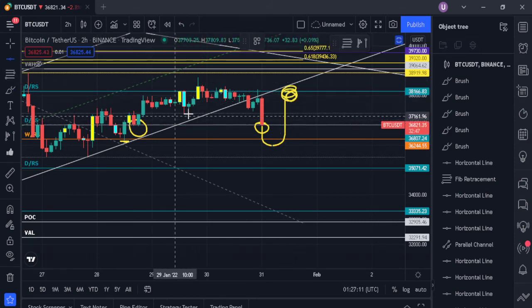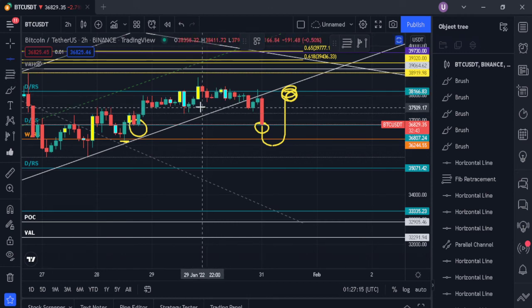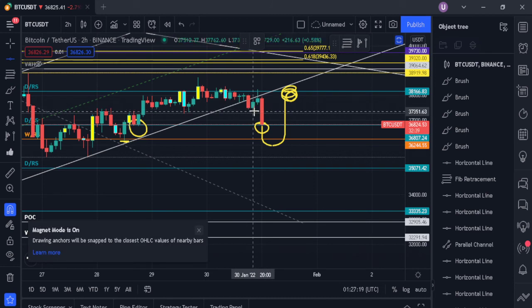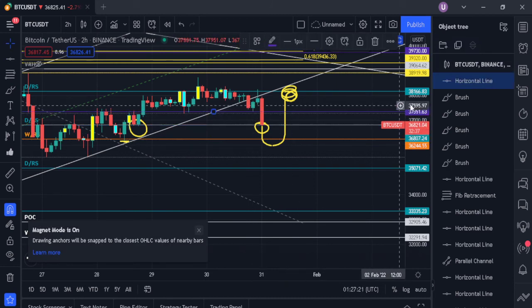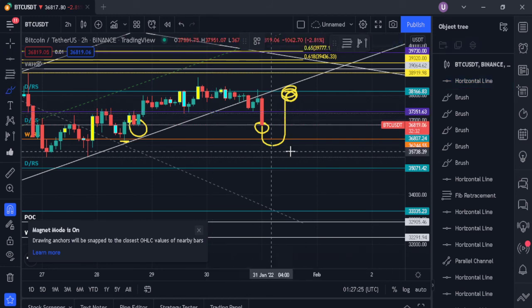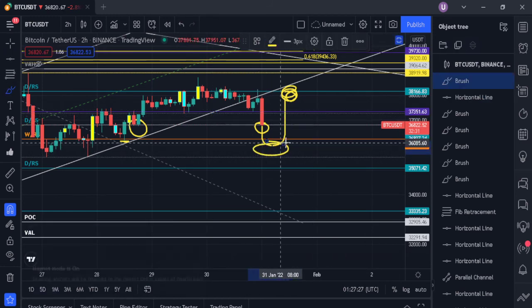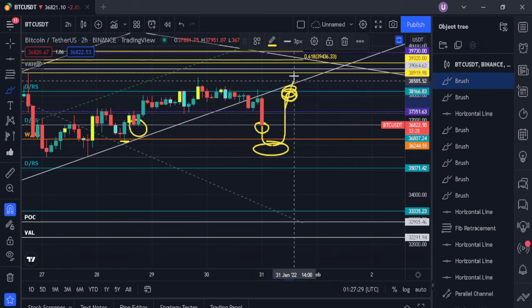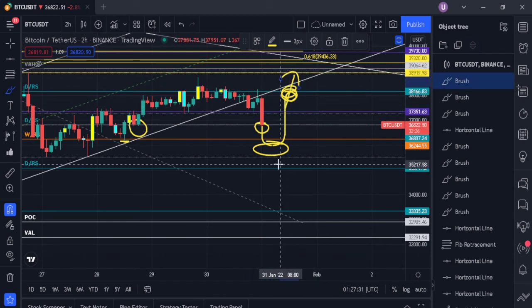You can also take first profit around here, 37,350. Cover up your stop loss for this area and then see if it keeps going up. That will be it.